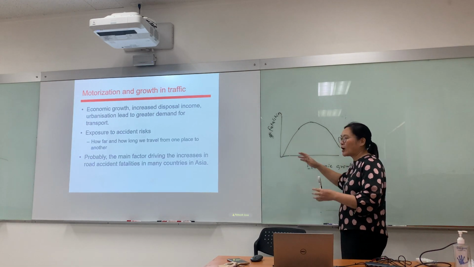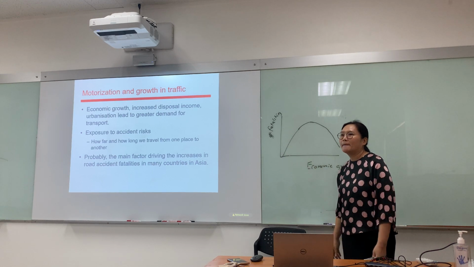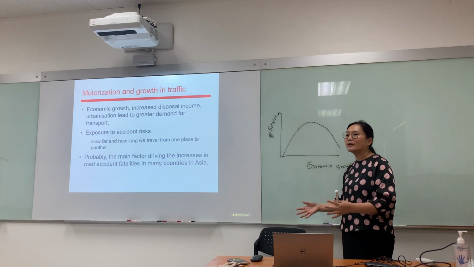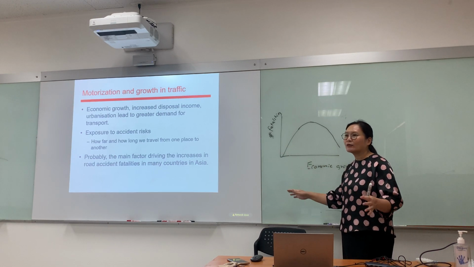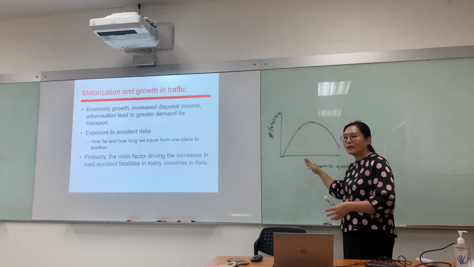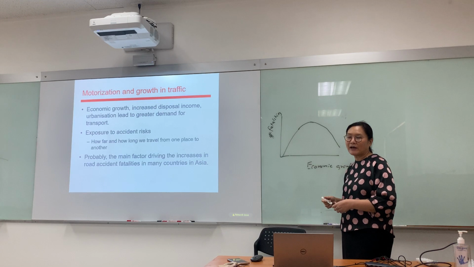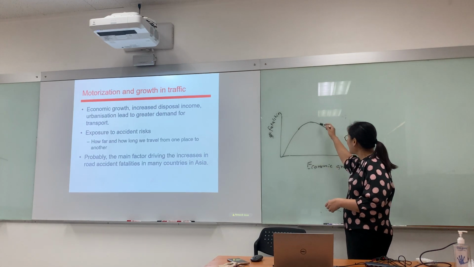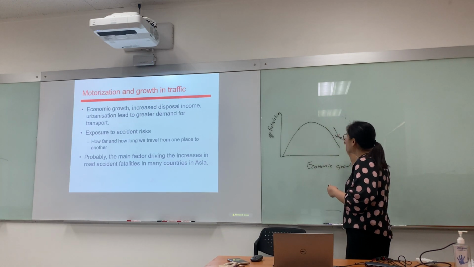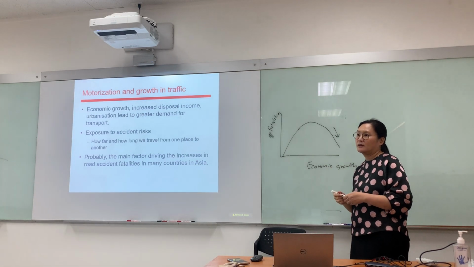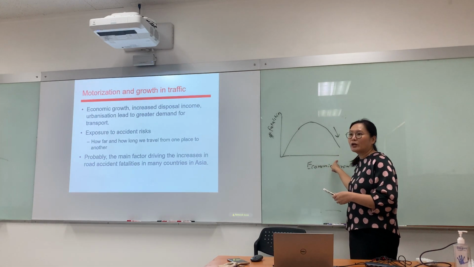And so they tried to have a very strict policy and many countermeasures for drivers to reduce the accident fatalities. Now Japan can reduce it even though their economy still grows.